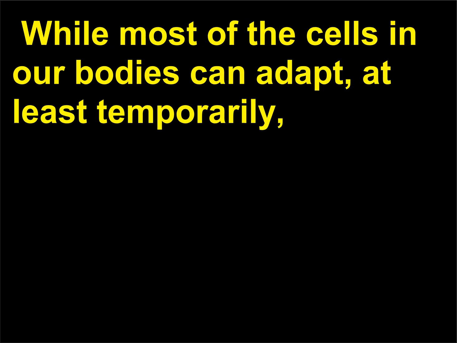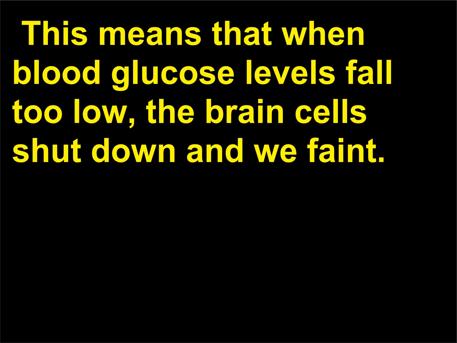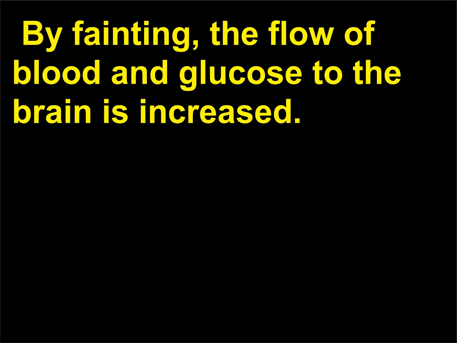While most of the cells in our bodies can adapt, at least temporarily, to using lipids and proteins as energy sources, our brain cells require glucose. This means that when blood glucose levels fall too low, the brain cells shut down and we faint. By fainting, the flow of blood and glucose to the brain is increased.